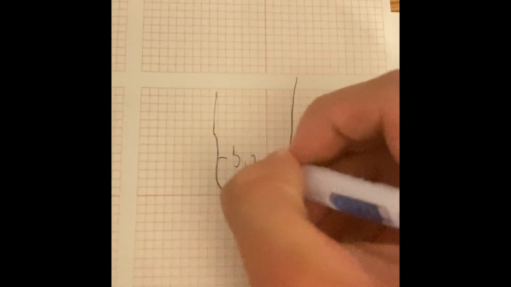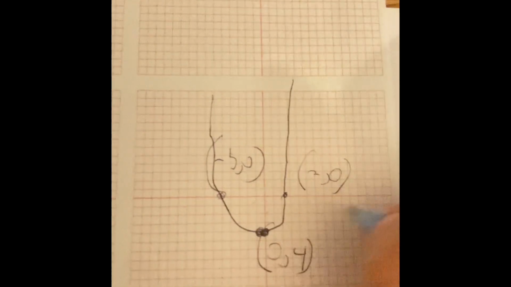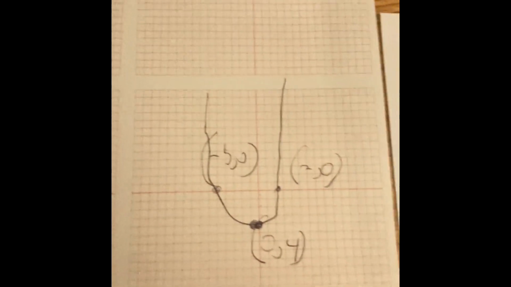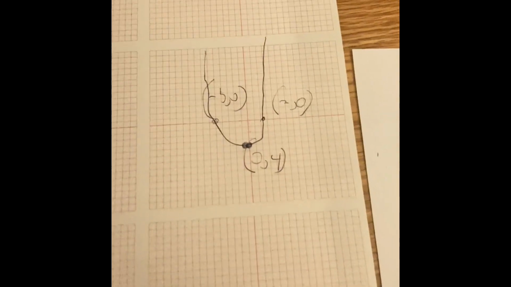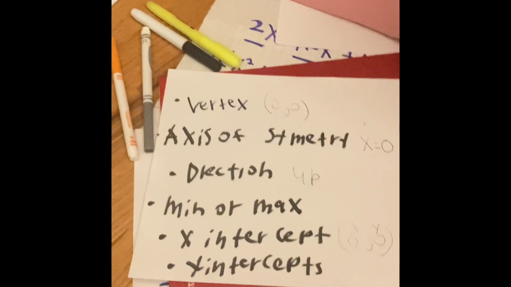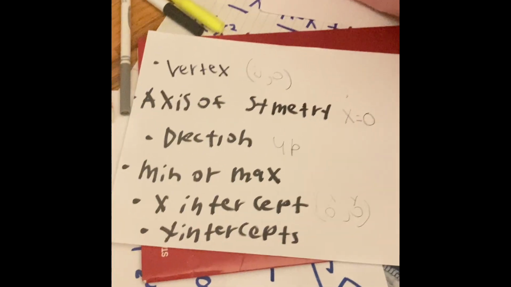Negative 5, 0 as our second x-intercept. So a quadratic curve can have two x-intercepts. That is how we can find the intercepts. And that is how we can analyze and understand a quadratic curve.